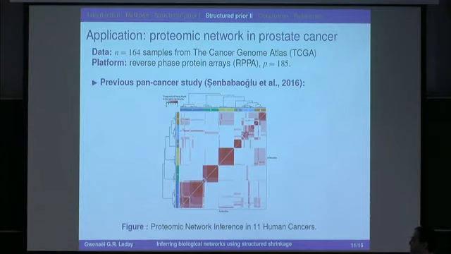We want to use the result of a previous study, which was a pan-cancer study. It means they looked at commonalities between 11 different types of cancer. The prostate cancer was not one of these cancers, so it's fine to use that prior information.